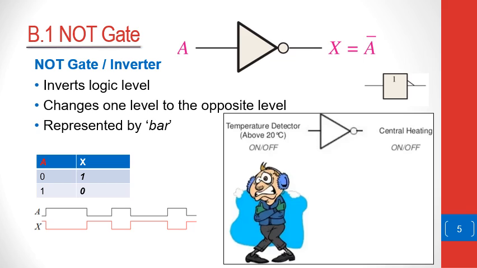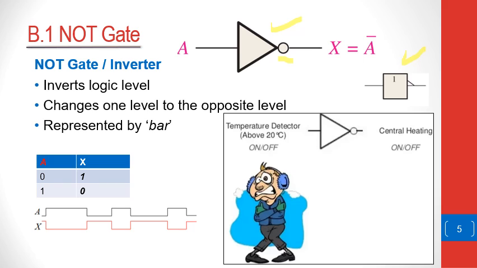The first gate, the simplest of them all, is the NOT gate, or what's commonly termed an inverter. The NOT gate has this triangular symbol with a small bubble in front, and the other alternative symbol, the IEEE symbol, is as shown here.